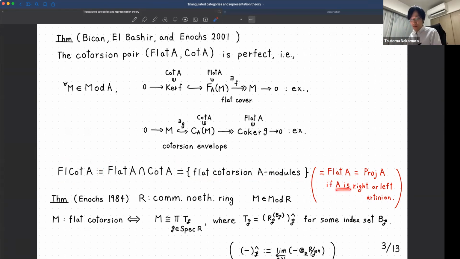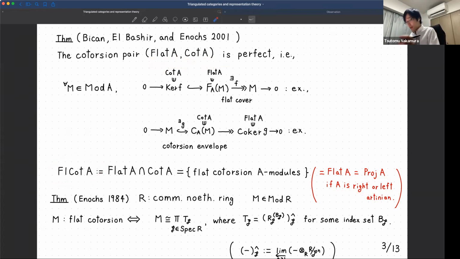If A is right or left Artinian, then the class of flat modules is precisely the class of projective modules. In this case, cot A is nothing but the class of all modules. So the cotorsion pair is of this form. In particular, the class of flat cotorsion modules is precisely the class of projective modules under this setup.